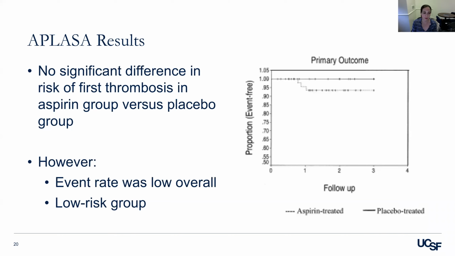However, I do think it's very important to keep in mind that the overall event rate in both of these groups was low, and in general, this was a relatively low risk group when you looked at their autoantibody profile, the prevalence of lupus and the severity of lupus that they had, and also other risk factors for thrombosis.